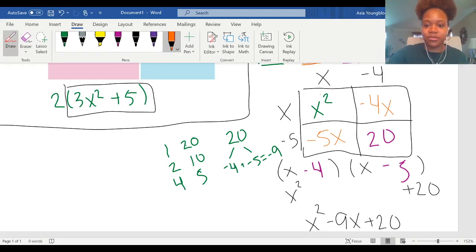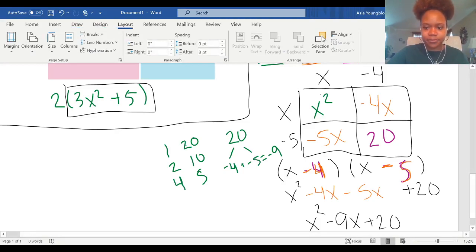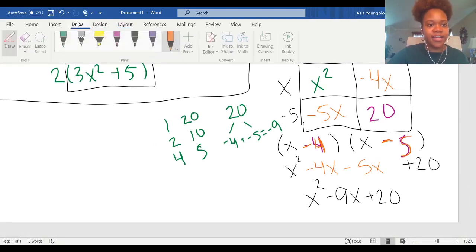Let me make it in orange, might be easier to see the connection. So it was minus 4, minus 5. So we have x squared minus 4x minus 5x plus 20, which gets us this negative 9x in the middle.